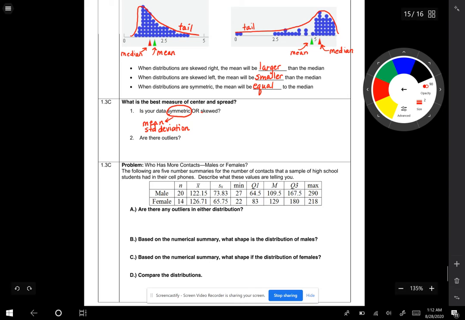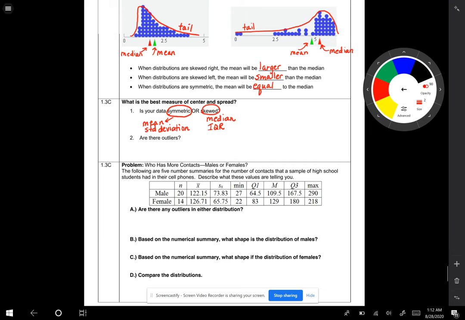If our data is skewed, then we're going to use the median to represent our center and the interquartile range, IQR, to represent spread.